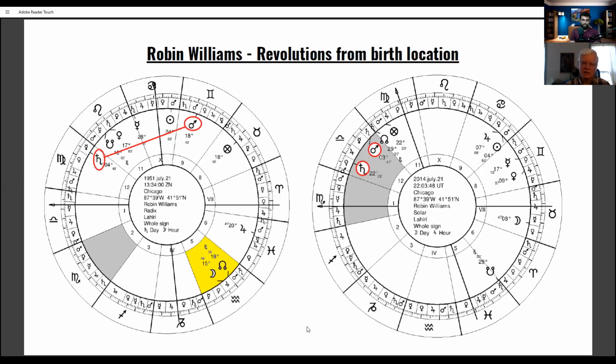They're not quite within orb, but they will conjoin in that sign. Make no mistake, we're using whole sign houses and the sidereal zodiac. With whole sign houses, it still counts as an aspect, I think, even though they're in the same sign. So Marinus would say, because Mars and Saturn are highlighted in the solar return, that will bring the natal configuration between them into prominence this year.